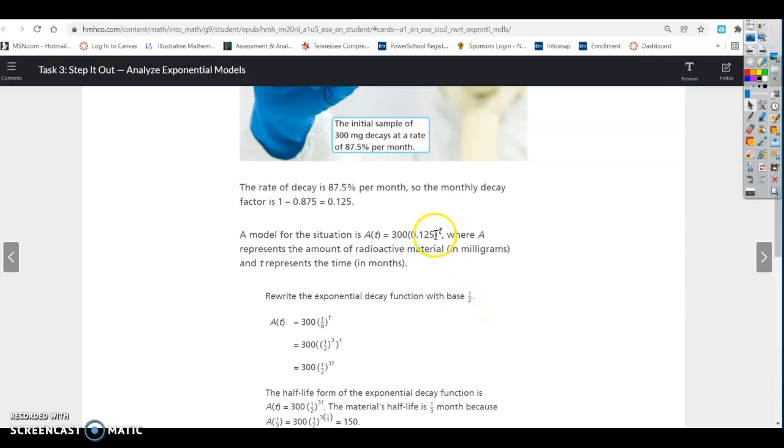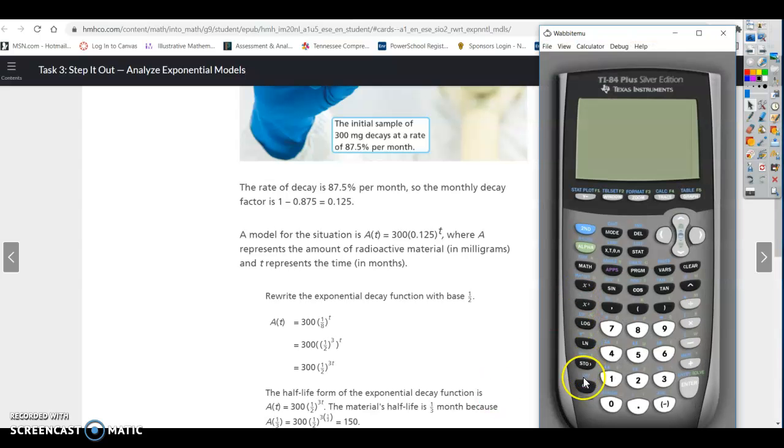All right, so if you look at this 0.125, okay, can we rewrite that? 0.125 is a decimal form, but I want to know, is there a fraction form of that?